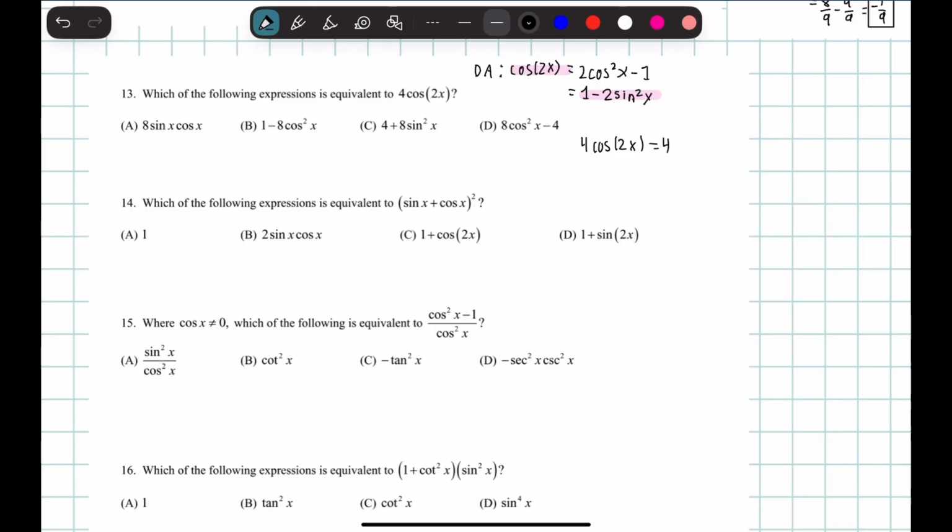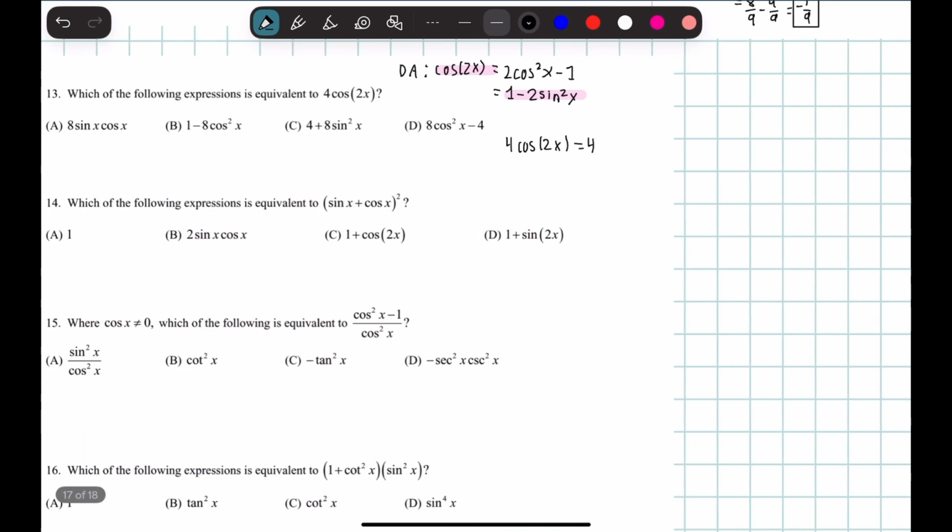Plugging in 2 cosine squared x minus 1, 4 cosine 2x is equal to 4 times 2 cosine squared x minus 1. This equals 8 cosine squared x minus 4. So this is going to be option D.